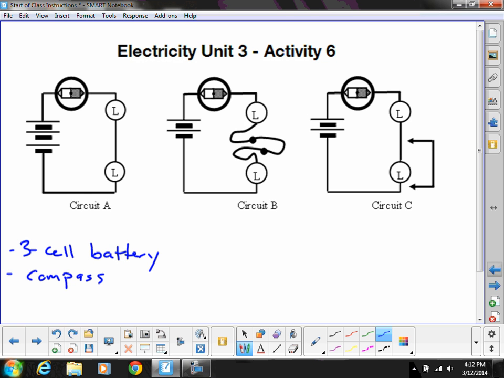You're going to need 2 sockets, 2 long bulbs, and a total of 4 wires. Make sure you have the materials list down. If you need to, pause the video because I'm going to erase it here so that we can talk about the circuits themselves. But you need those. That's your material list: 3-cell battery, compass, 2 sockets, 2 long bulbs, 4 wires.